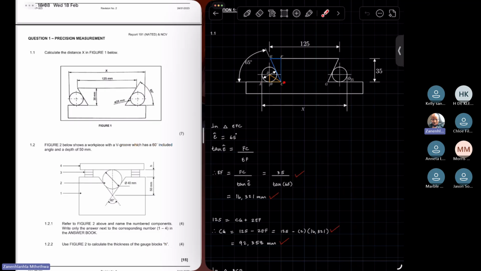This is a tangent, that's a tangent. Both of these tangents meet at this point. So where the two tangents meet, that is where you draw a line that goes towards the center of the roller. That is how you get this line, thus splitting these two sides in equal portions.